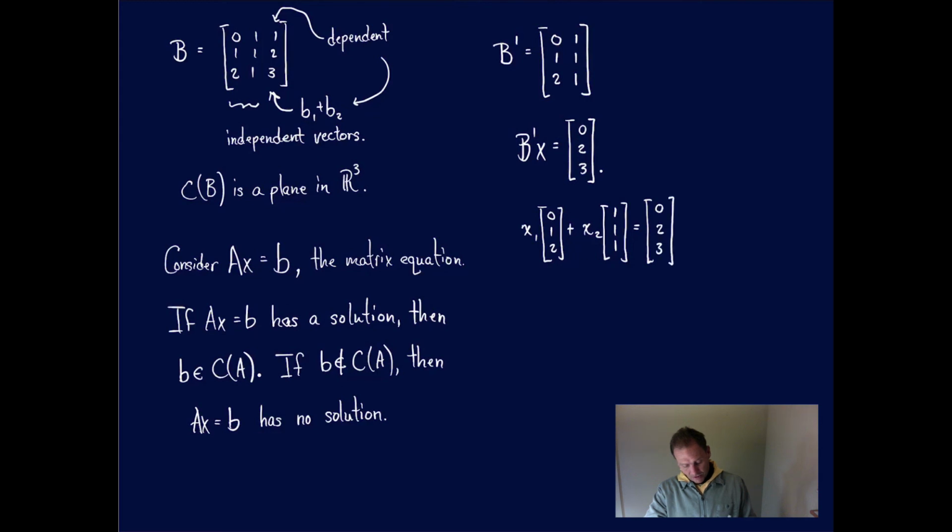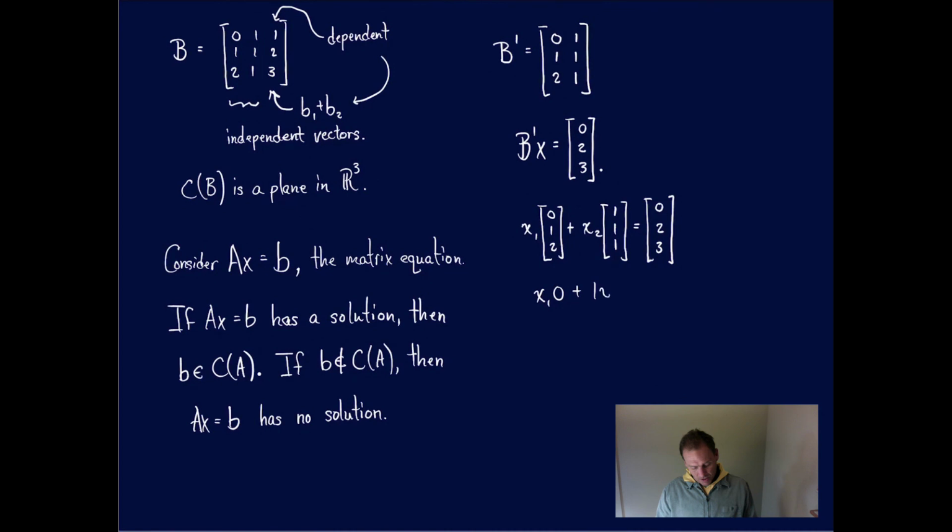And you can see that the problem here is that in order for this to work, for the first component, x2 has to be 0. It's the only way, because we have this equation x1 times 0 plus 1 times x2 has to be 0.